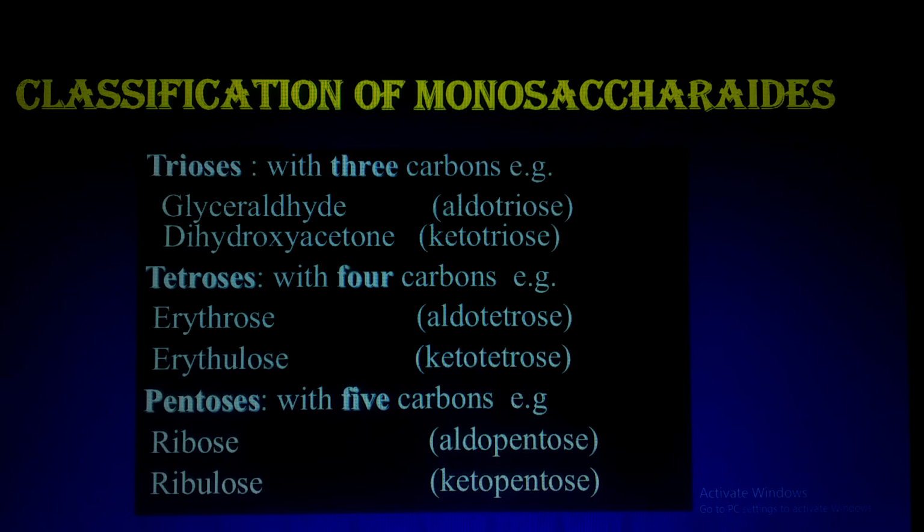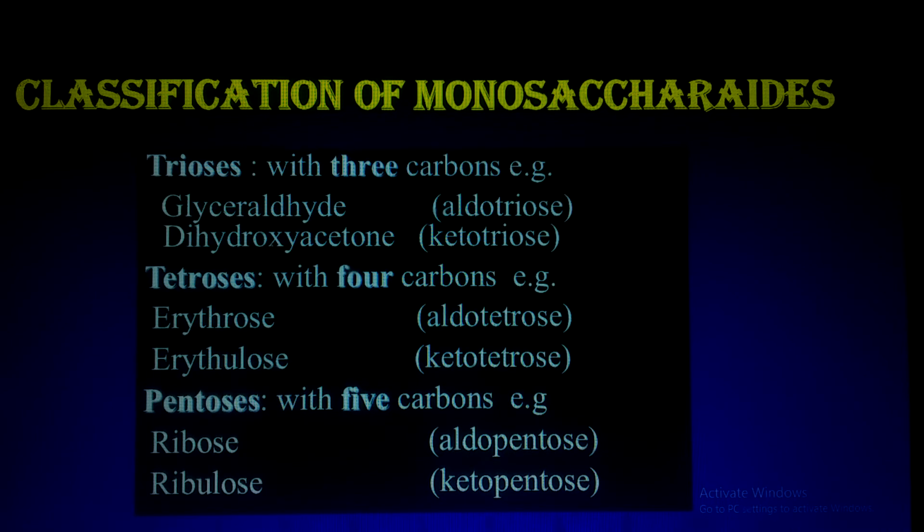Examples are erythrose and erythrulose. One is aldehyde, the other is ketone. Pentose is the most important. You are familiar with ribose, which is part of ATP, DNA, RNA. So ribose is a very important building unit in all polynucleotides, which form complexes with nitrogenous bases and phosphate.